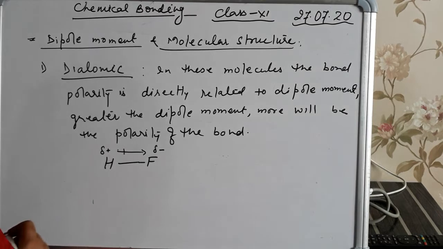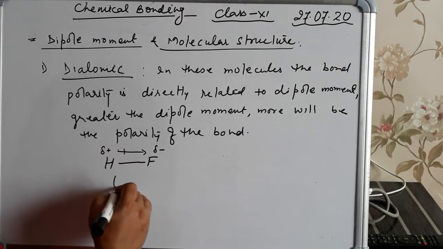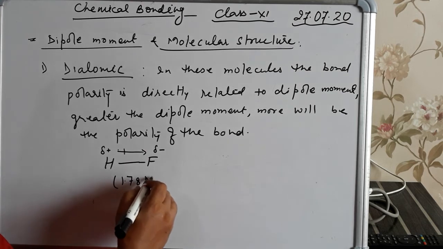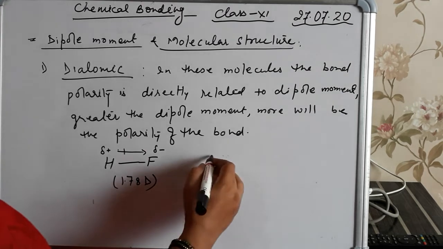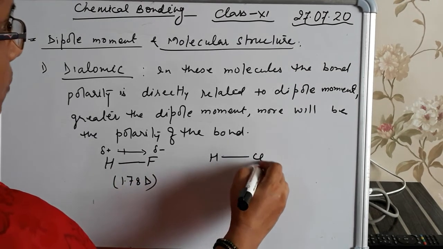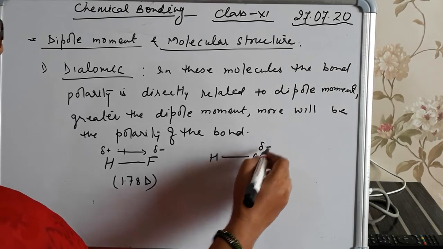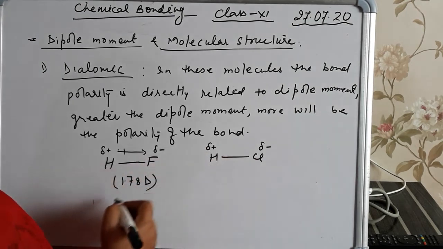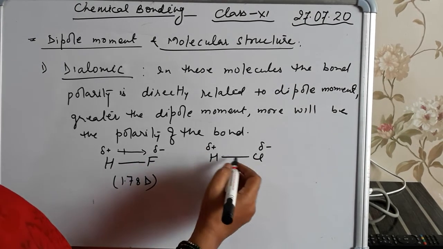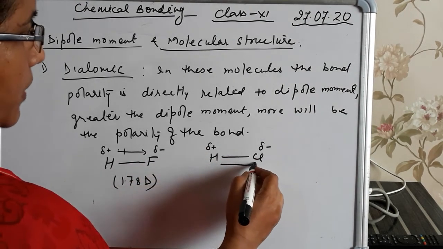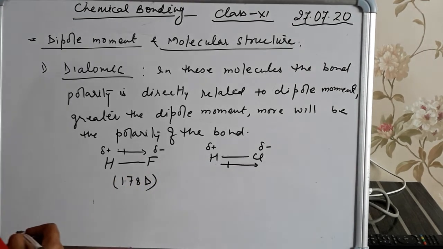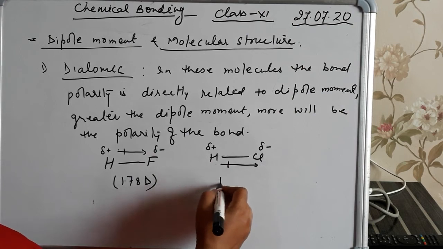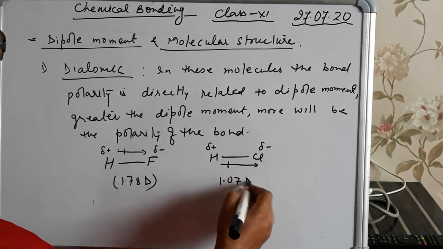Fluorine requires partial negative charge, and experimentally the value comes 1.78 D. In case of hydrogen chloride, it requires partial negative and partial positive because chlorine is more electronegative than hydrogen. In that way we can represent dipole moment by this, and the value comes 1.07 D.